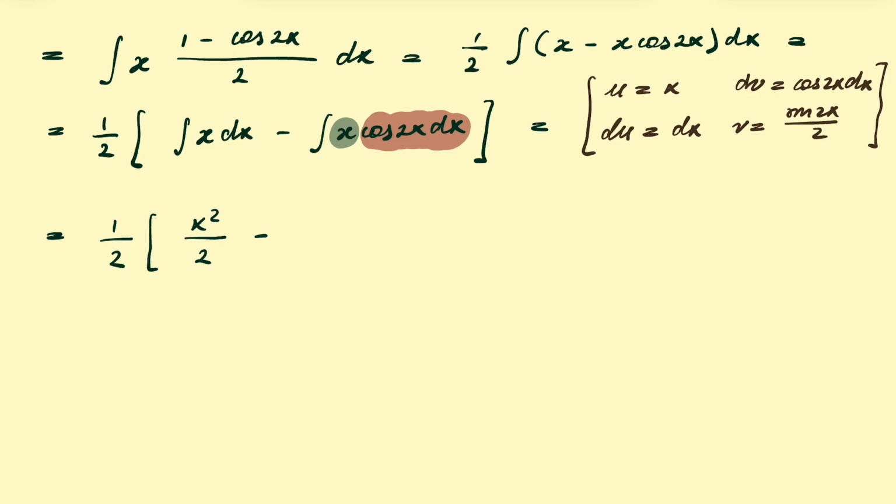Now, to not mix everything up, I suggest using parentheses here and writing with these. So we have x times sine of 2x over 2 minus an integral of dx times sine of 2x over 2, sine of 2x over 2 times dx.